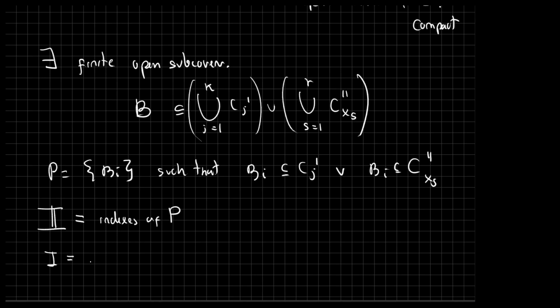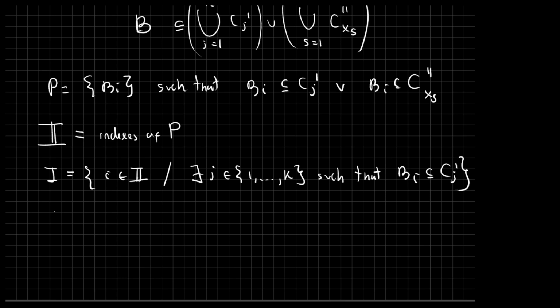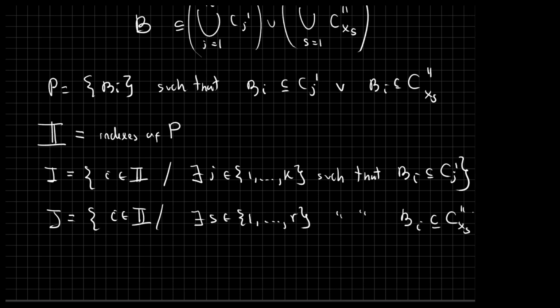Then this set will be such that it is included in one of these, or let's say there exists a J in the set such that B is included here, and by J we will say this is a subset such that there exists an s in this set such that it is included in this one.